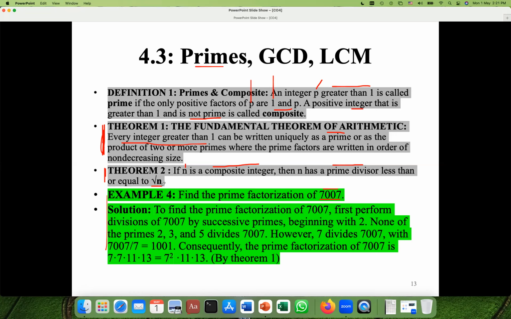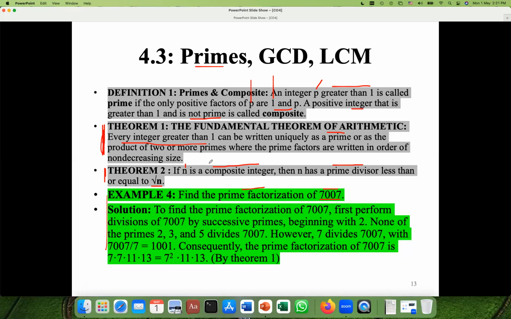So if you are given a number which is not a prime, and it is asked to find the prime factorization of that number n, then what is the solution? You can directly find the square root, and then you can see that the factor would be less than or equal to that. You don't have to search beyond that limit.